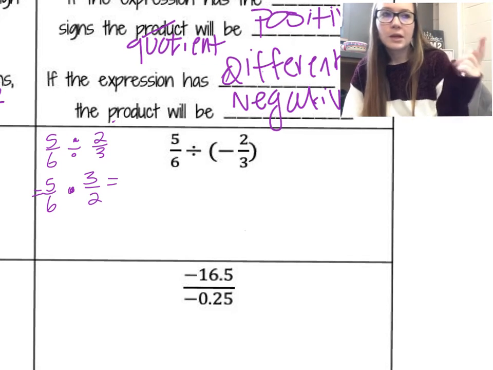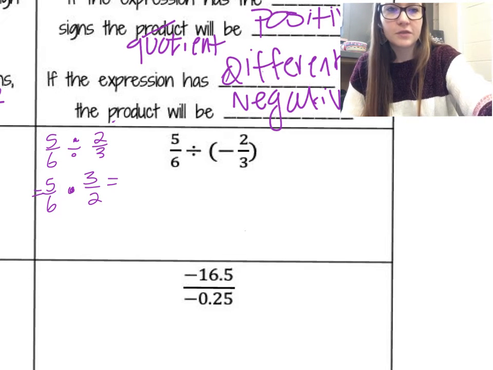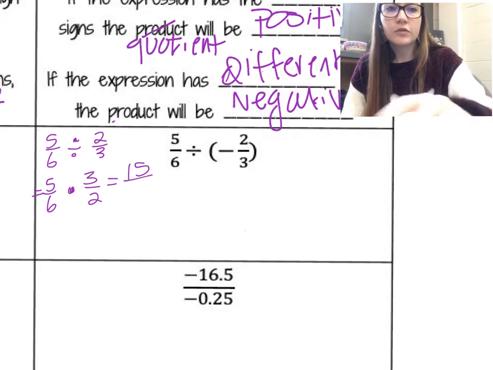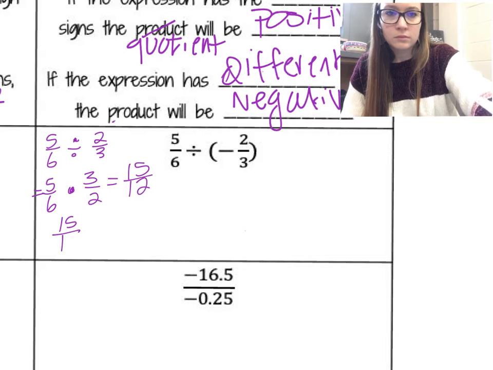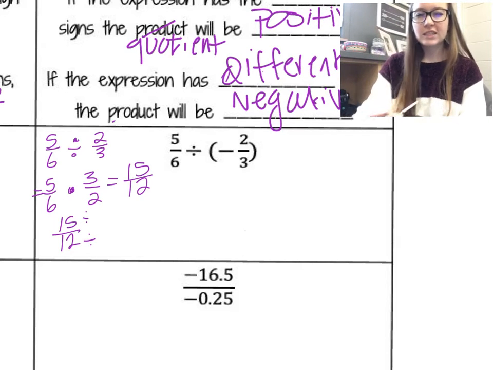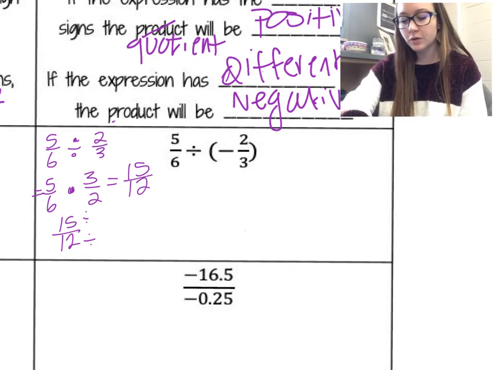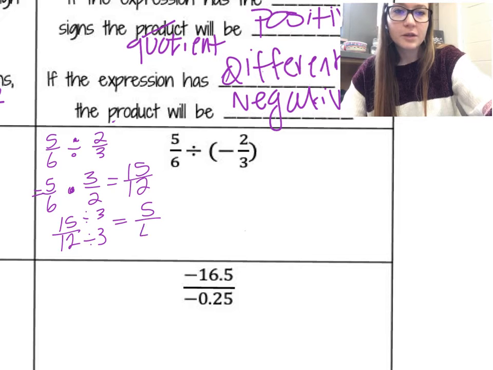Okay, then I'm going to multiply across, so top times top, 5 times 3 is 15, over 6 times 2, bottom times bottom, is 12. And I'm going to reduce first. I see that 15 and 12 are both divisible by 3. 15 divided by 3 is 5. 12 divided by 3 is 4.